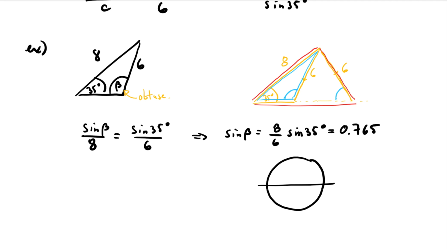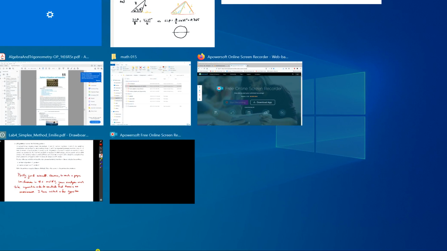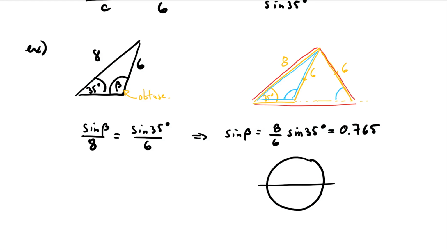Sine of beta is 0.765, so 0.765 being the y coordinate of a point on the unit circle with an angle beta.